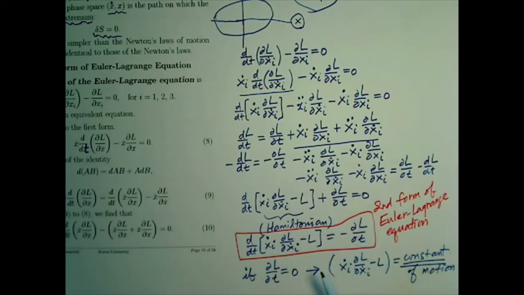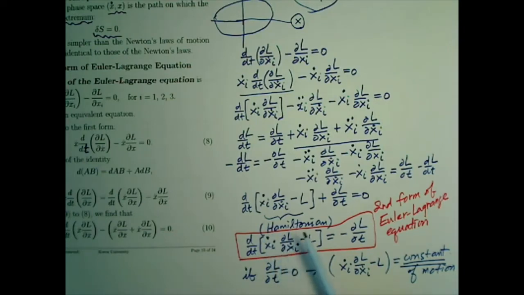In this equation, we find that as long as there is no explicit time dependence in the Lagrangian, the partial time derivative of the Lagrangian vanishes. That means this one equals 0. If it is 0, then this amount is the Hamiltonian. Actually, the Hamiltonian must be written in terms of x and p instead of x dot, which we will find in the next chapter.